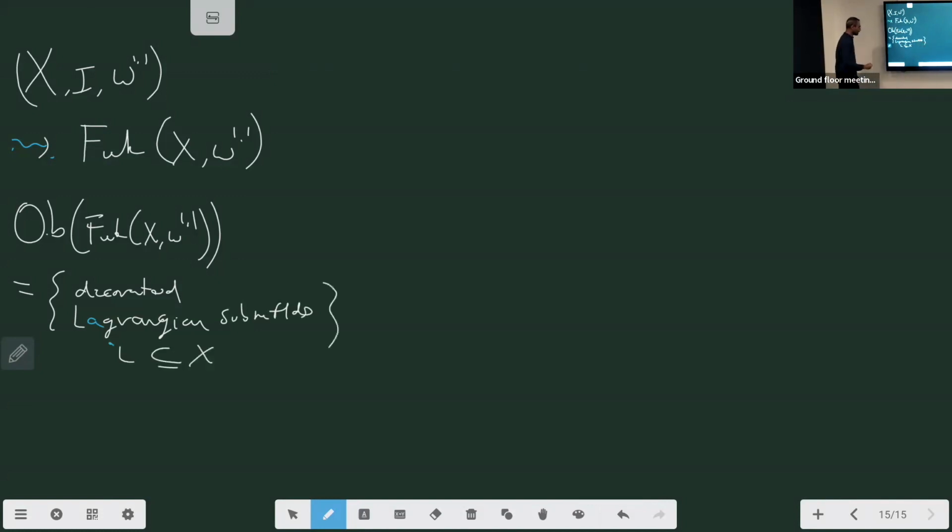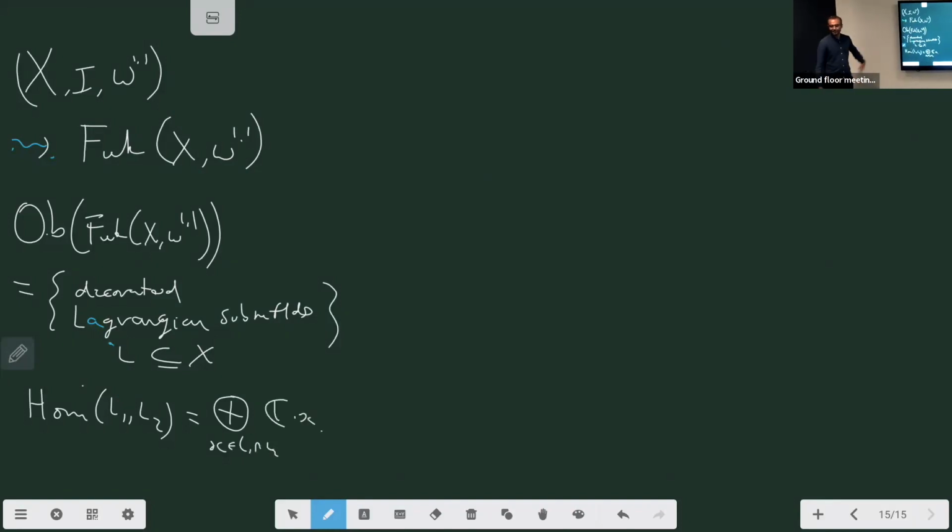and Hom of L1, L2 as a graded vector space is just the direct sum of the intersection points. But the differential is non-trivial and is defined by counting holomorphic disks.